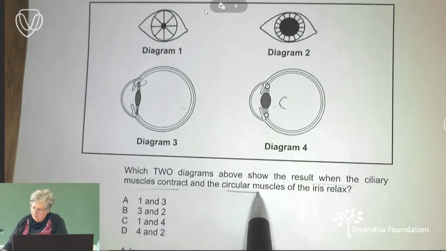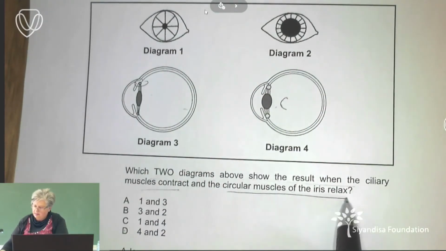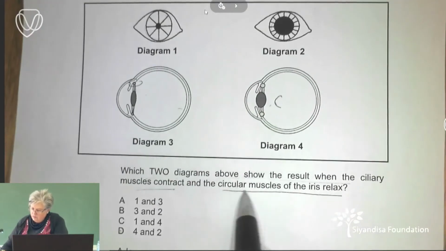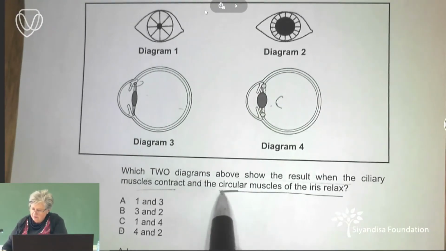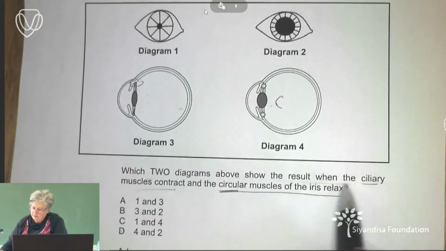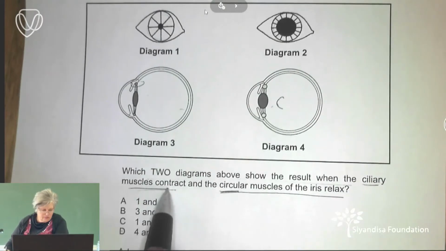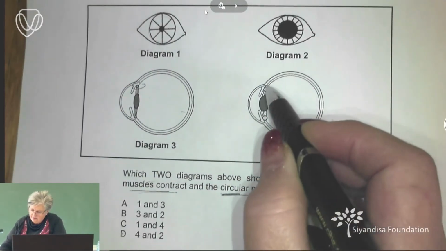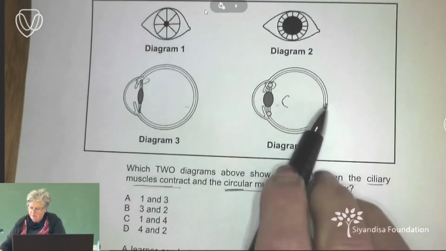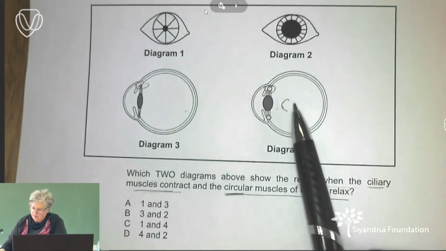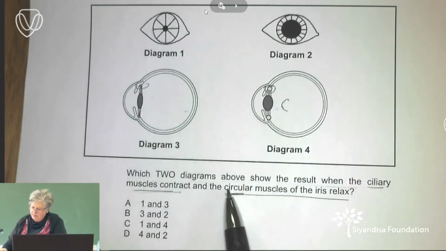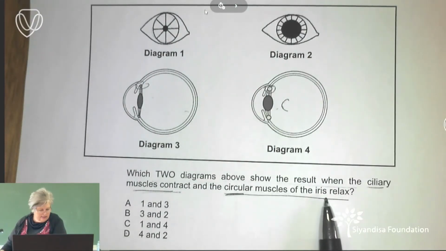And the circular muscles in the iris relax. So now they talk about the ciliary muscle contracting. So where is the ciliary muscle contracted? It is there, né? The rubber band expands. So it's diagram 4.